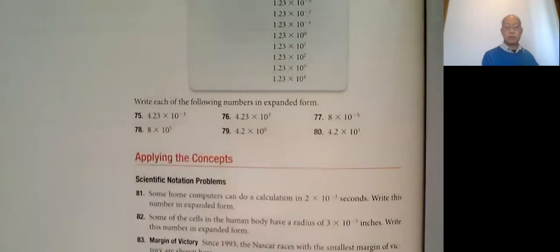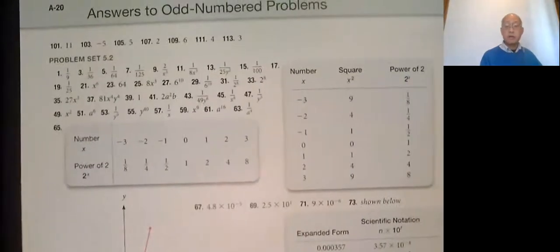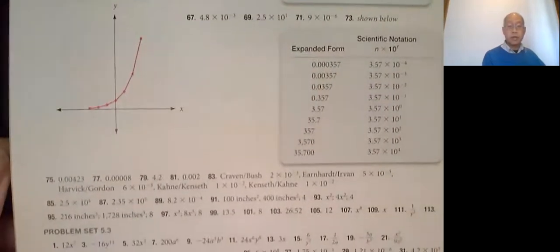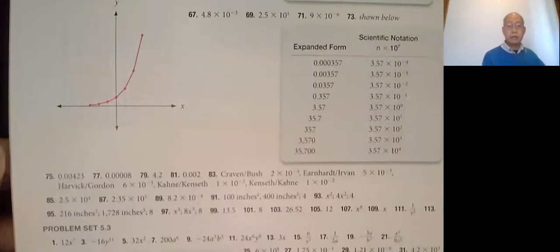So here are those. And now the answers in the back, section 2. So there's that. A little bit more. We had to go to 80, so you can see 80 there. Okay, so that should do it.